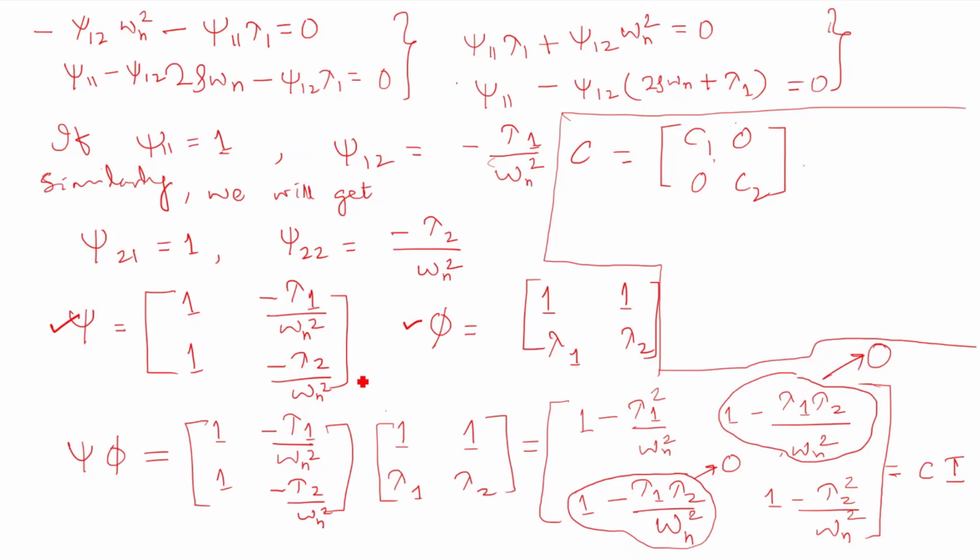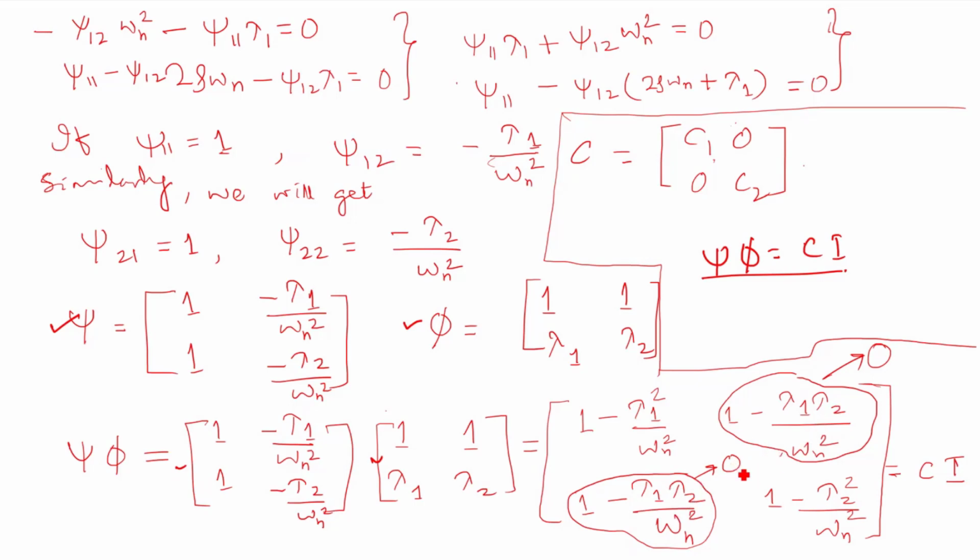Both we found, right? So now we need to normalize this, because we know psi and phi will become C I, or we can say a C I. That means C is a matrix having constant values, right? So now if we just multiply psi and phi, after multiplying these two matrices, we'll find this will be 0, right?